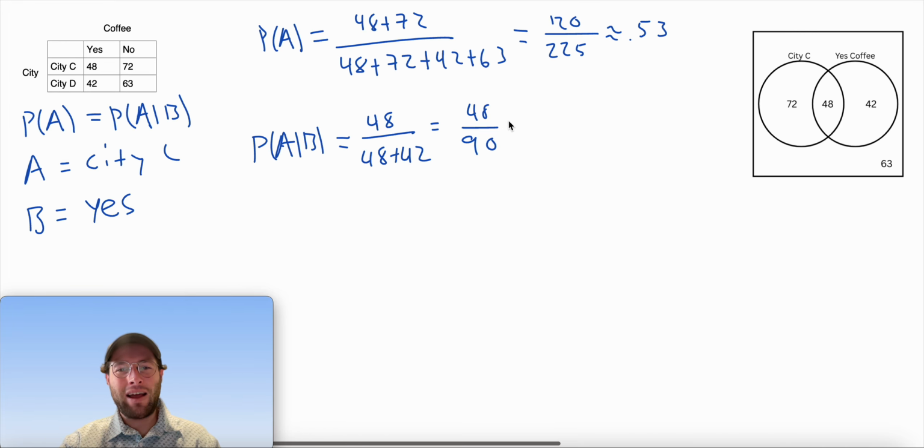All right, so we have that, and then that's going to come out to approximately 0.53. All right, awesome. So we can notice here that P of A equals P of A given B. And therefore, living in city C and drinking coffee are independent events.